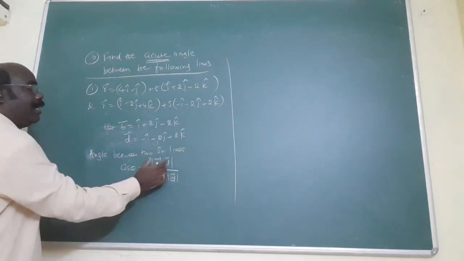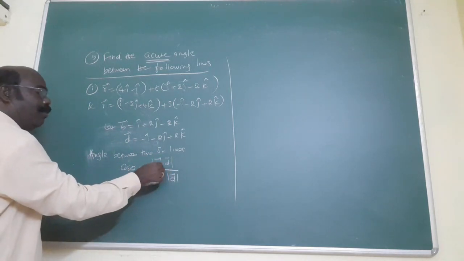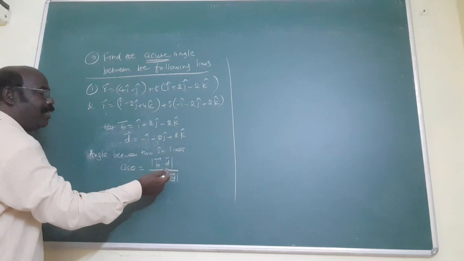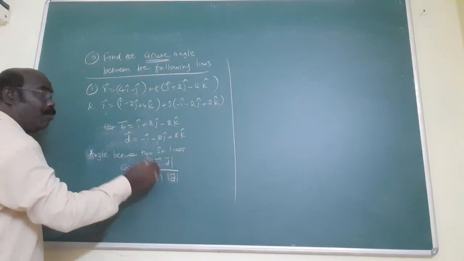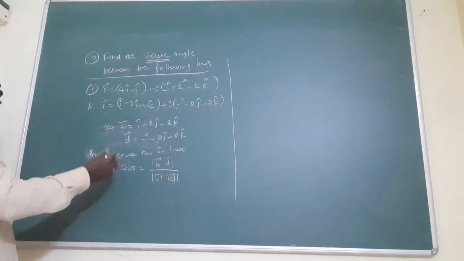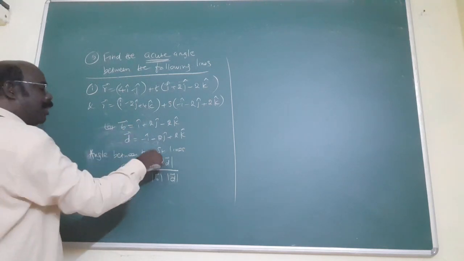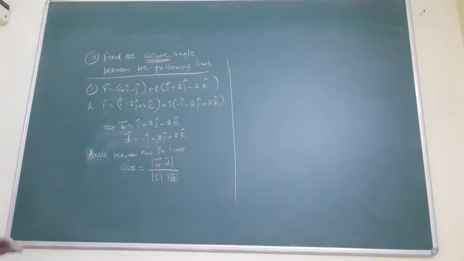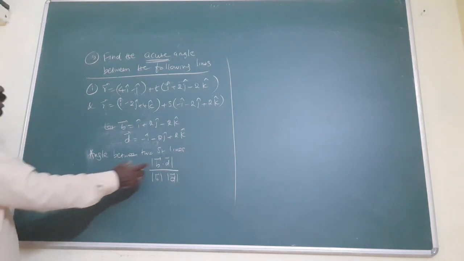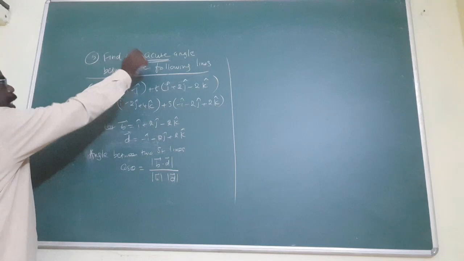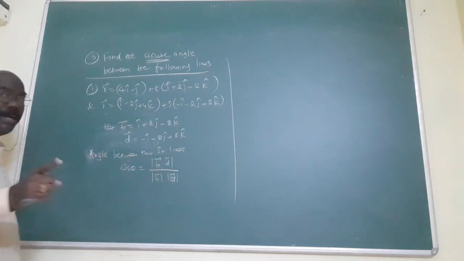If only the angle between is asked, use the formula without modulus; for the acute angle, use the modulus. What is the reason? With the modulus, the negative sign is avoided and you consider only the positive sign, which automatically gives an angle below 90. That is the acute angle. If a negative comes, the angle is more than 90. Very important concept.